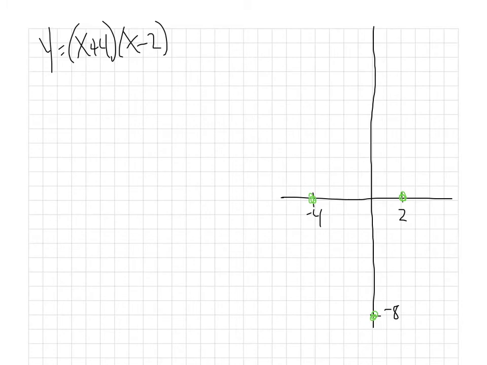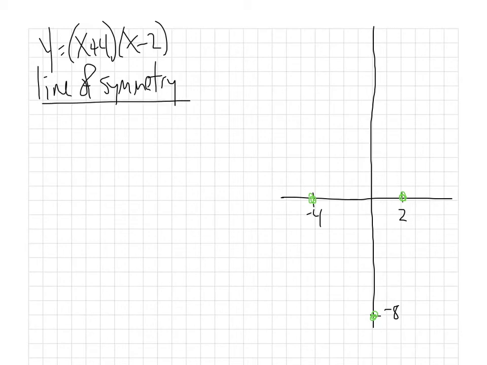Okay, the next step is to find our line of symmetry. The line of symmetry is at the midpoint between the x-intercepts.